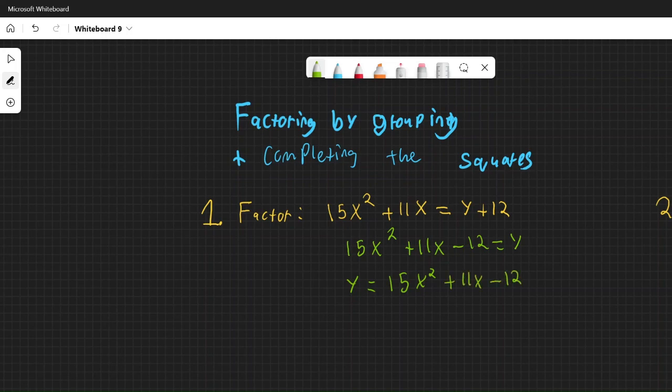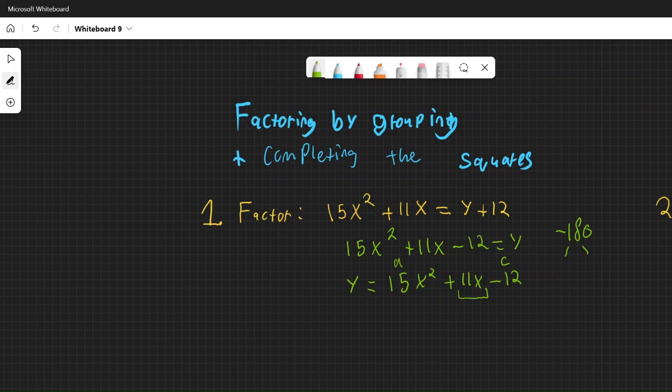When you want to factor by grouping, what you do is you multiply the a term and the c term together, and then you see if anything will add up to the b term. So we multiply 15 by negative 12, which is negative 180. Now we look for factors that will multiply to 180 that will add to 11x.